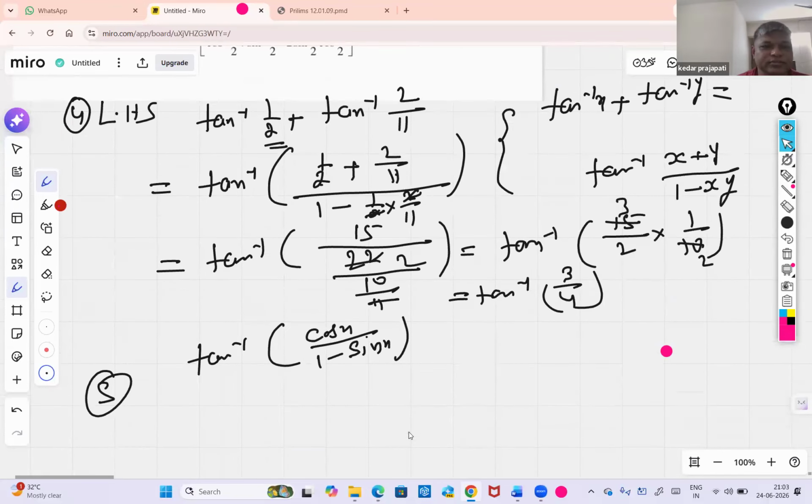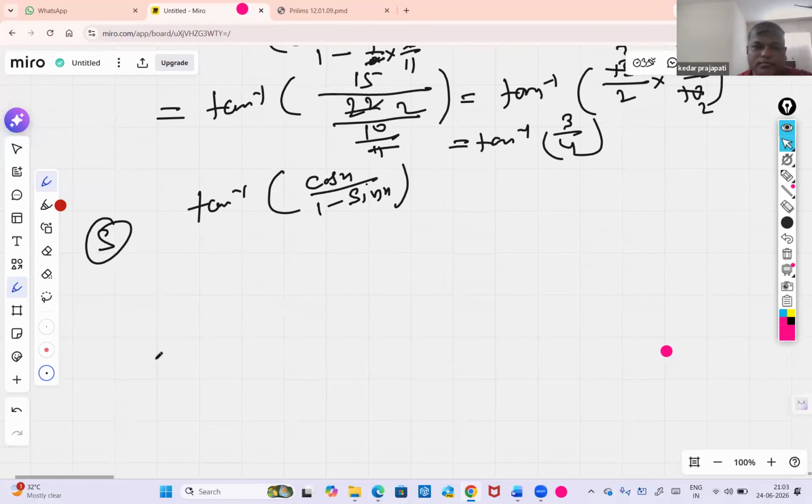We need to simplify it. Now half angle property will be used.